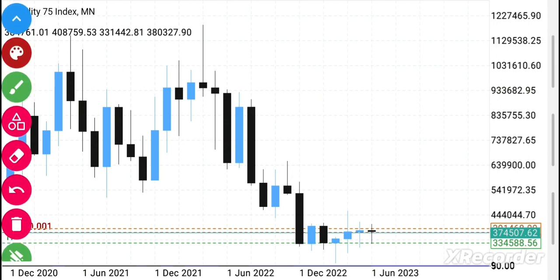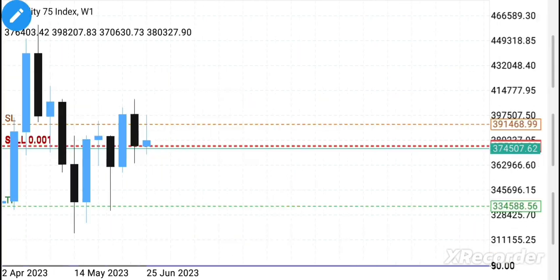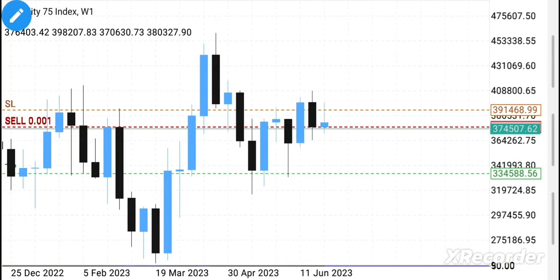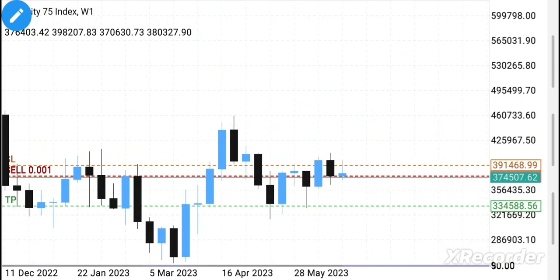So let us go to the weekly to start getting our structures, guys. We are here on the weekly. The market is moving down. Where are we going to take our entries, guys?